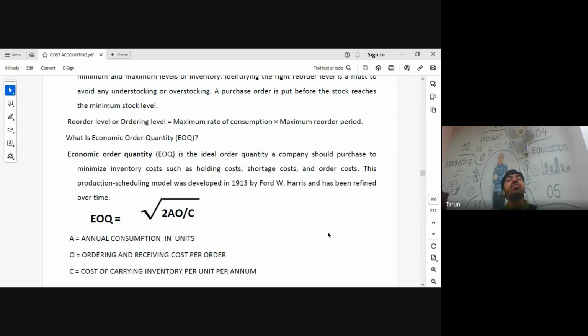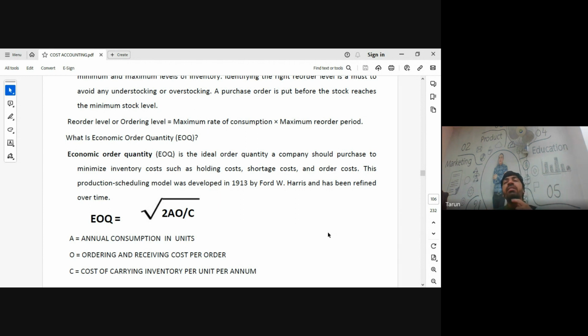So what is economic order quantity? It is an ideal order quantity that a company should purchase to minimize the inventory cost, which includes the holding cost, storage cost, and order cost.